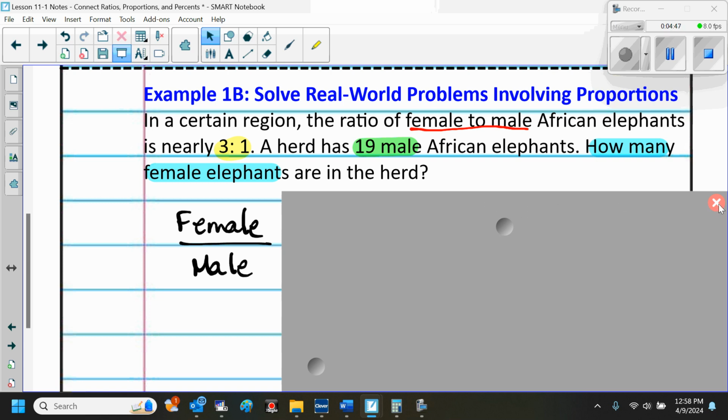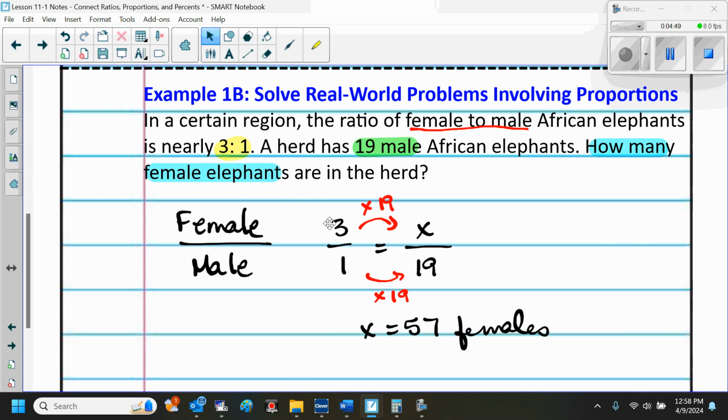Very good. So here is my original ratio, 3 to 1, and we're solving for the female. Male, 19, goes on the bottom. I also used equivalent ratios to solve this one. I went from 1 to 19 and multiplied times 19. If I multiply times 19 on the bottom, I have to do the same thing in the numerator. So 3 times 19, x is equal to 57 females in the herd.